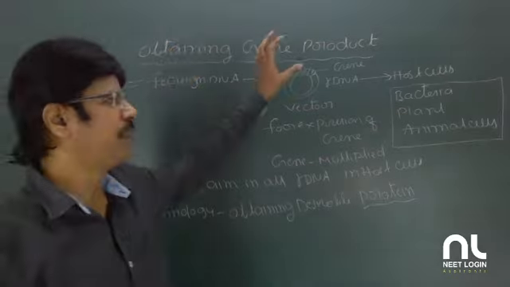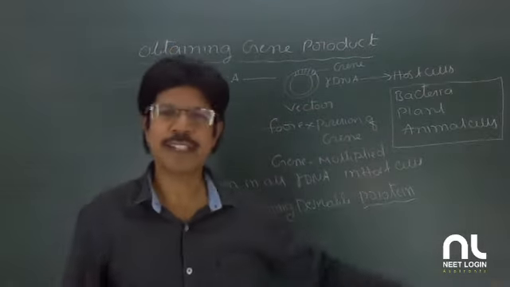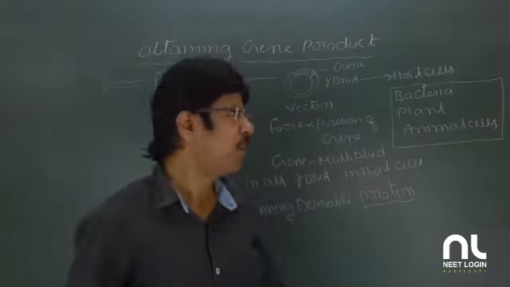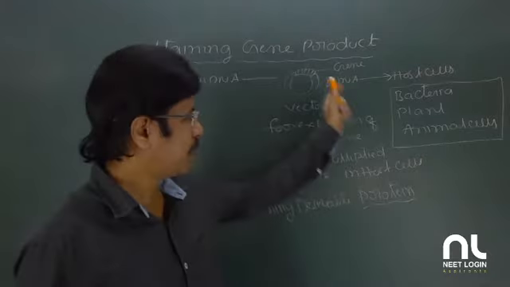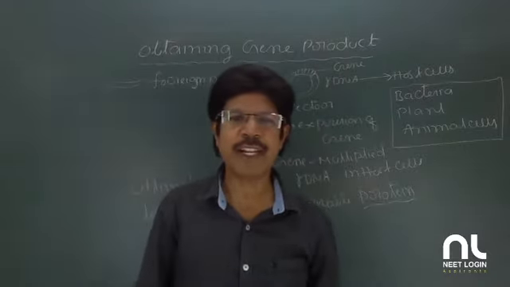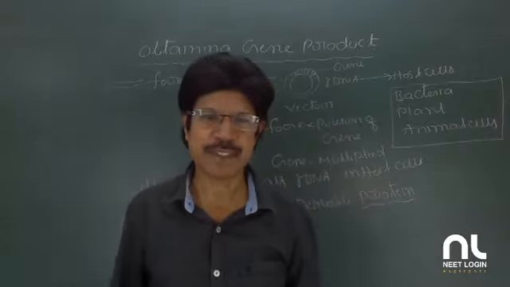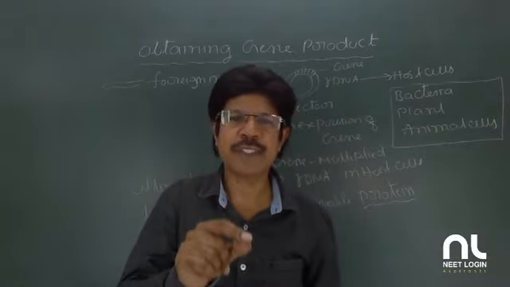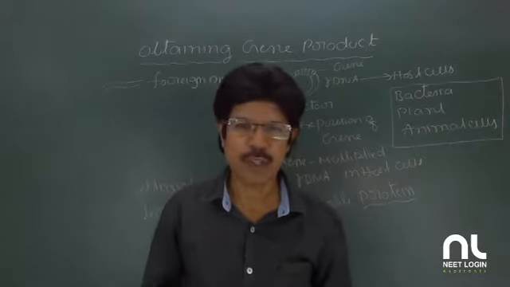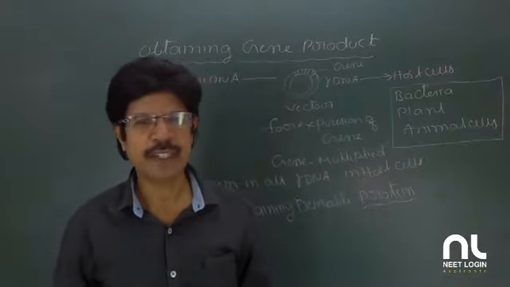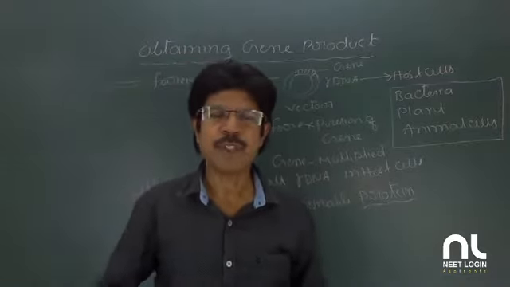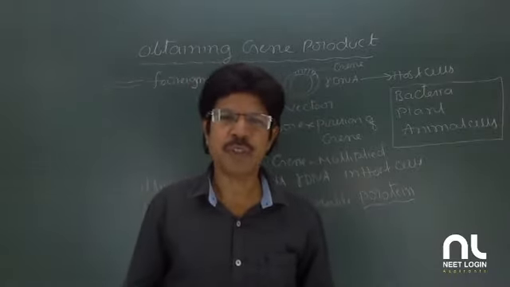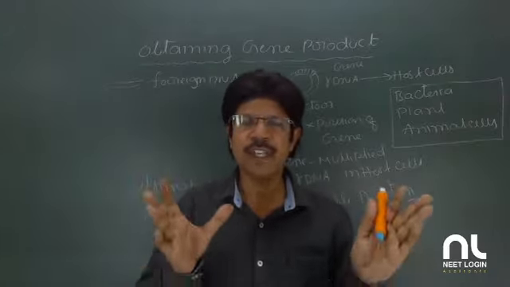So, having cloned the gene of interest, introduced it into the cells, bacteria, plant or animal, and optimized the condition for expression of the gene, it required some technical steps. So we fulfilled all the things. Now I have to think of producing in large quantities. Why produce in large quantities? It is to be available for so many people, to meet the demand of the growing population. So I have to produce everything on a large scale.